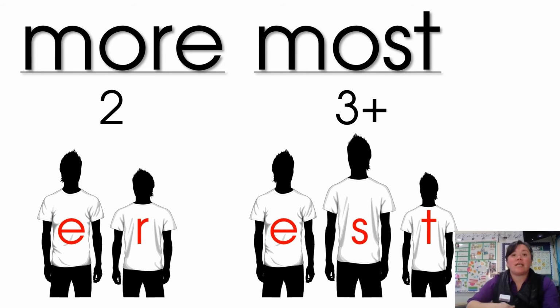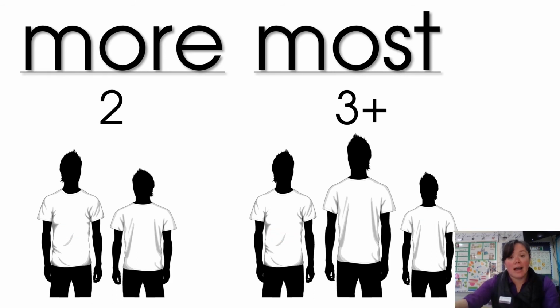Okay, so she is more beautiful. That's still comparing two things. Or she is the most beautiful. Then that would be comparing 3 or more things. So instead of the ER and the EST, you're going to use more and most. And if you do use more and most, you need to get rid of the ER and the EST. So she's more beautifuler. That's way too much stuff. That's a lot going on. So you just use more beautiful, okay?